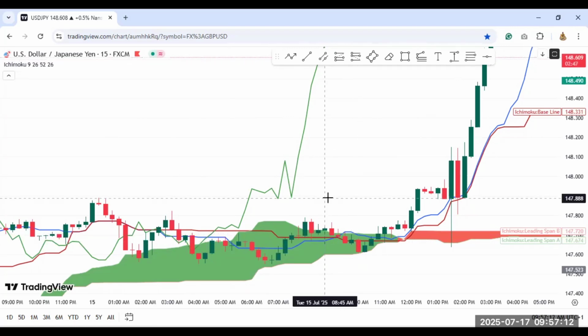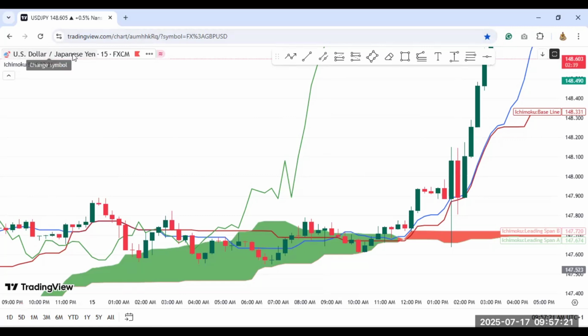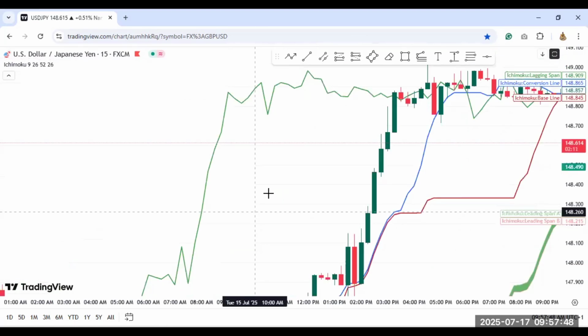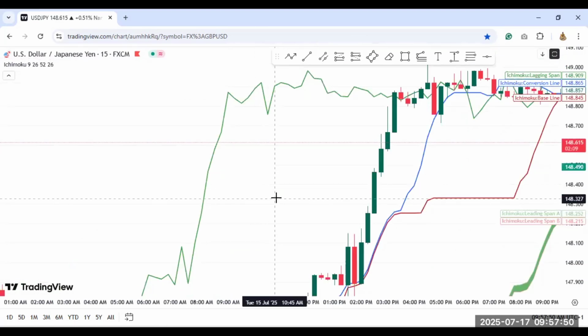Having explained all of these things, I am going to use the bar replay button to show you guys how to do it. Now, this is USD, and I am on the 15-minute time frame. What are the conditions you need in order to exit a trade using the Ichimoku Trading Strategy?